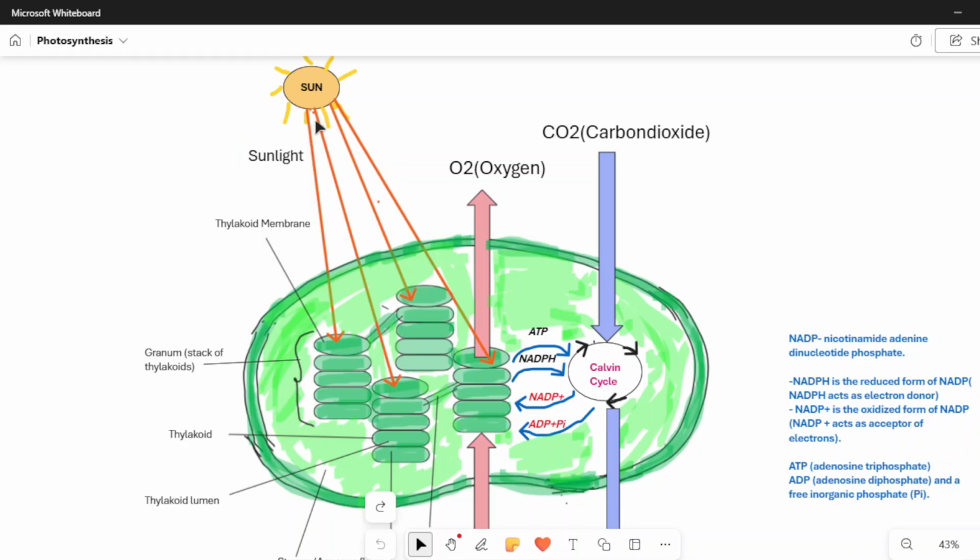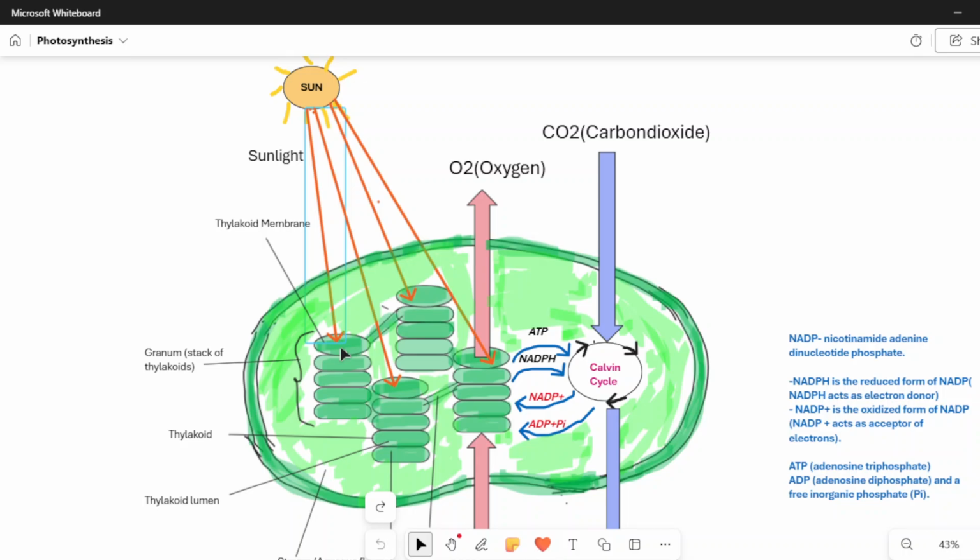So now what happens, the sunlight falls on the surface of the leaf, and the sunlight enters and falls on the thylakoid membrane. So when it falls on this thylakoid membrane, the chlorophylls present inside this thylakoid have their electrons excited.